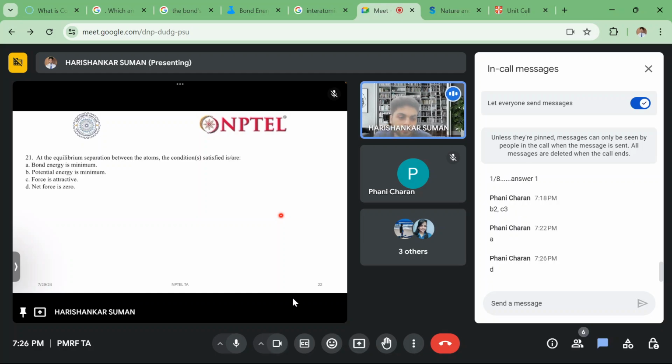At the equilibrium separation between the atoms: bond energy is minimum, potential energy is minimum, force is attractive, net force is zero. So net force should be zero and potential energy should also be minimum. Then equilibrium can happen.